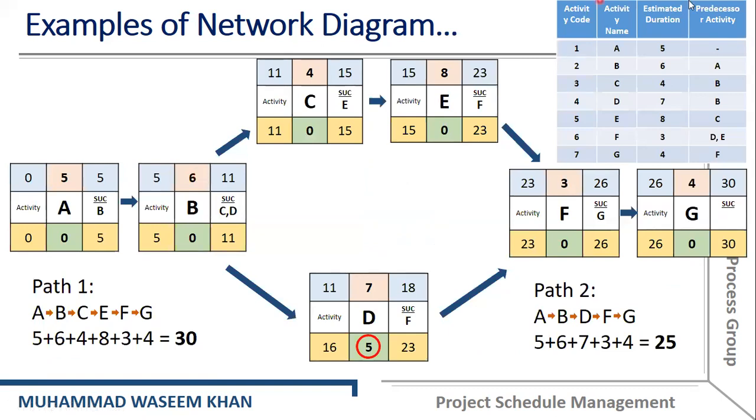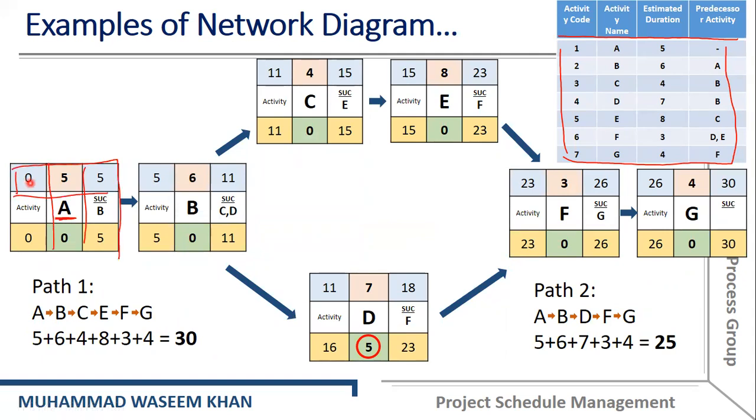So here, based on these activity attributes, we have drawn this network diagram. For activity A, you can see the duration is 5. Here you can see that the project starts with 0, not with 1.